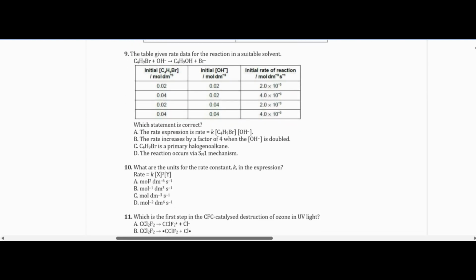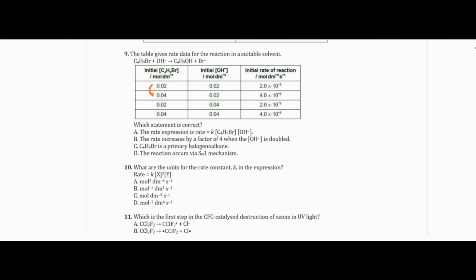9. The table gives rate data for the reaction in a suitable solvent. Which statement is correct? Okay, so here we have to work out the order of each substance.